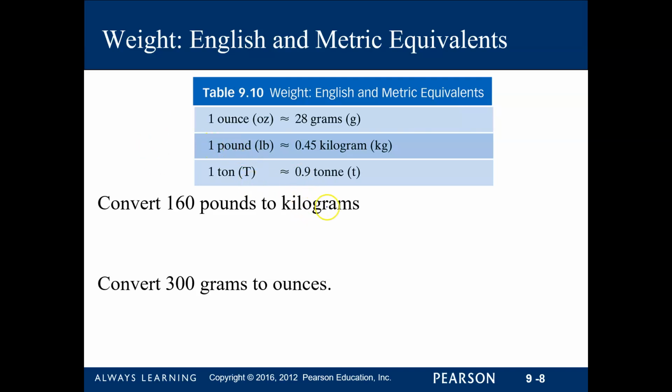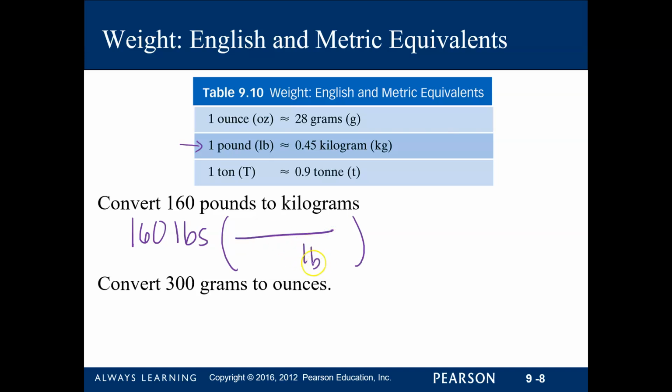Here we have conversions to and from the English and metric systems. We have ounces and grams converted together, pounds and kilograms, and then the ton with the metric tonne. Let's say we are given 160 pounds, LBS, and we need to convert it to kilograms, so we're going to use the second conversion here.